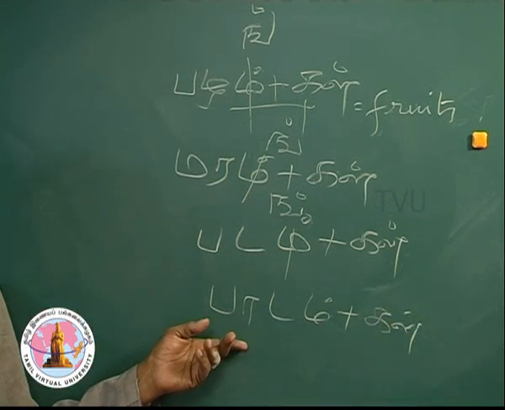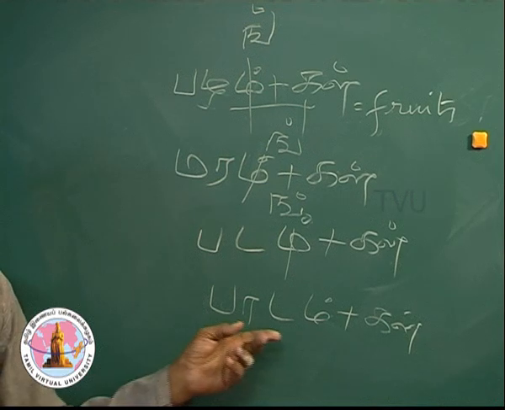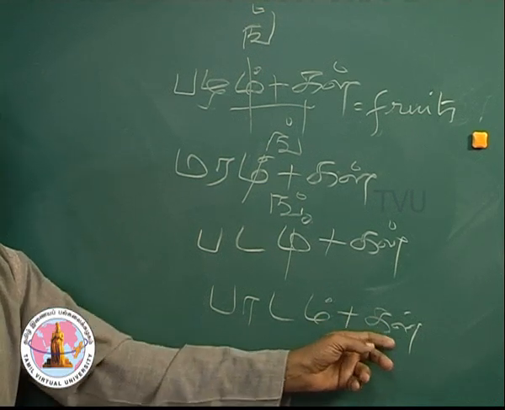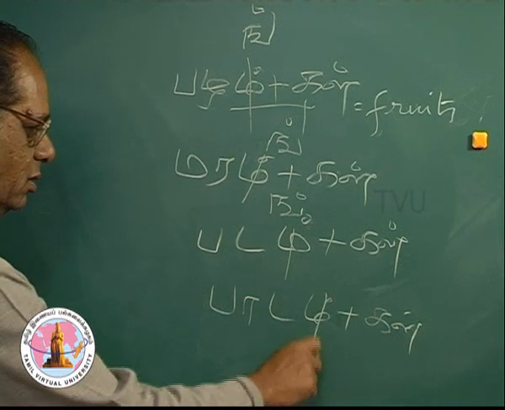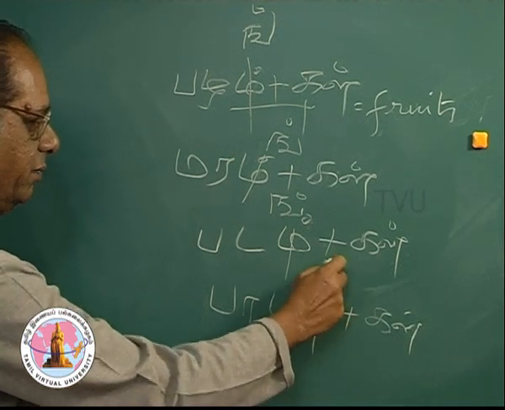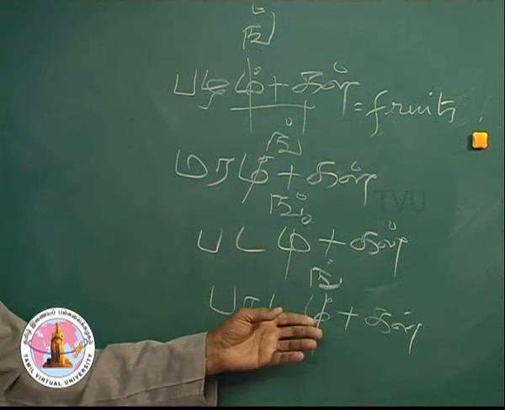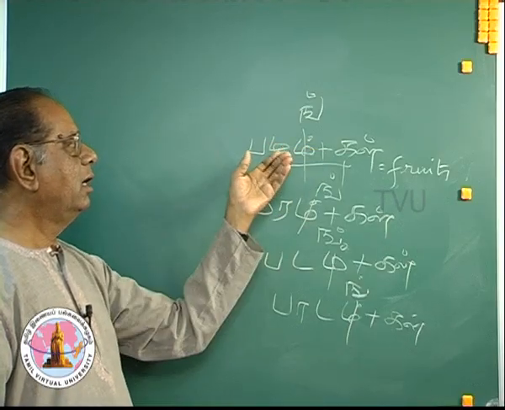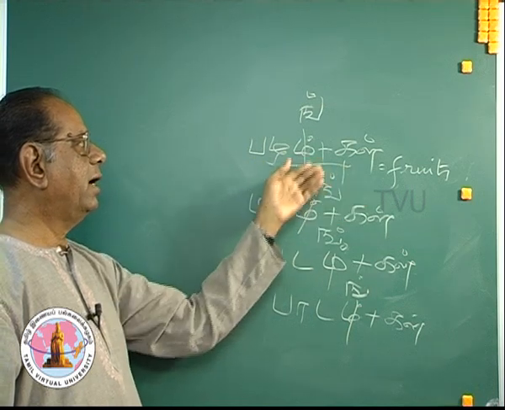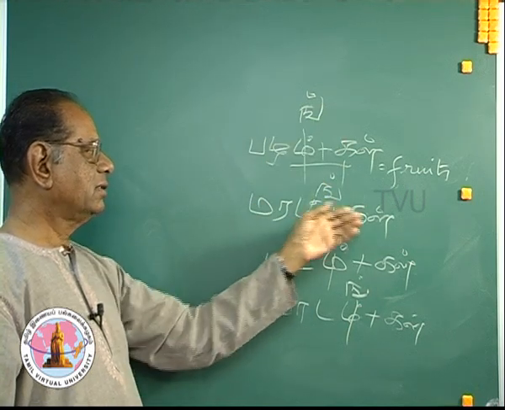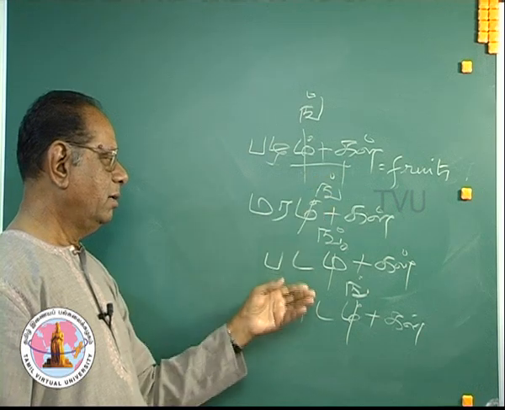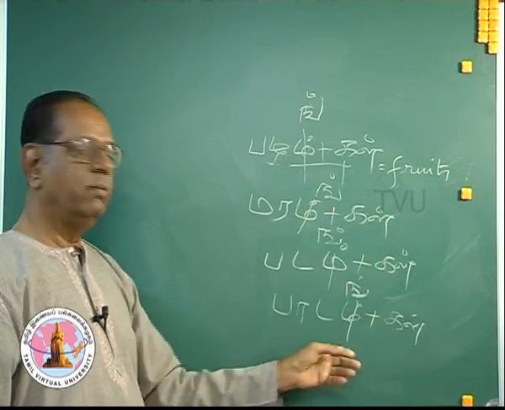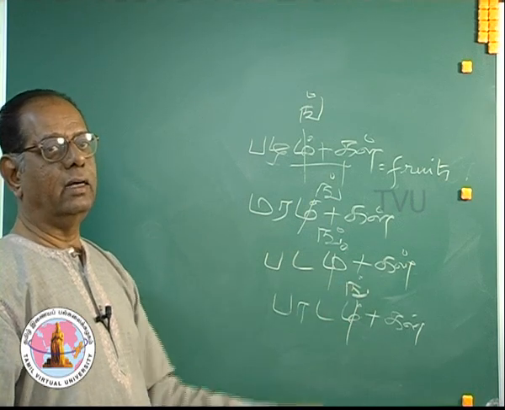Now read this. Padam plus kal. Naturally this becomes ng. Padangal. Now look at these words. பழம் plus கள் பழங்கள், மரம் plus கள் மரங்கள், படம் plus கள் படங்கள், பாடம் plus கள் பாடங்கள்.